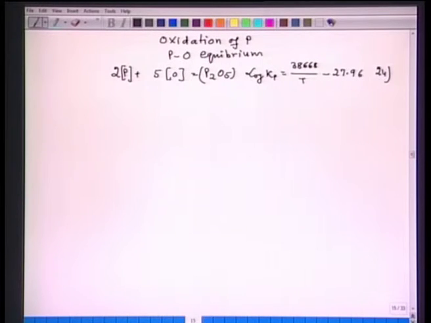Now, again I could get another source also, which says ln Kp is equal to 84851 upon T minus 66.9. Now, remember, this equation is ln.